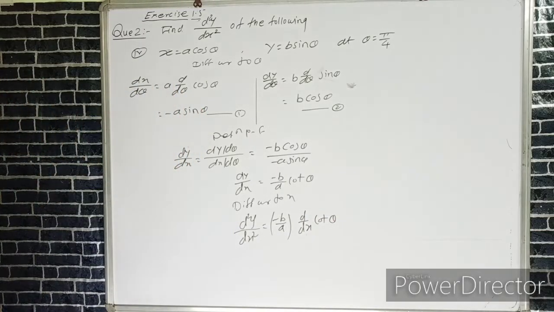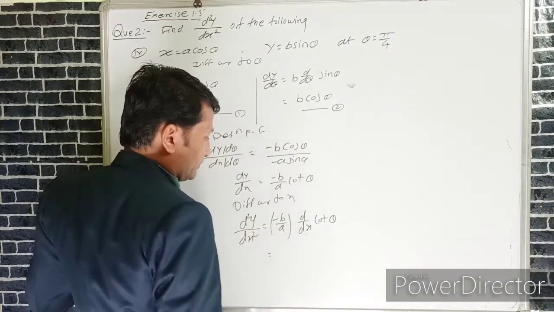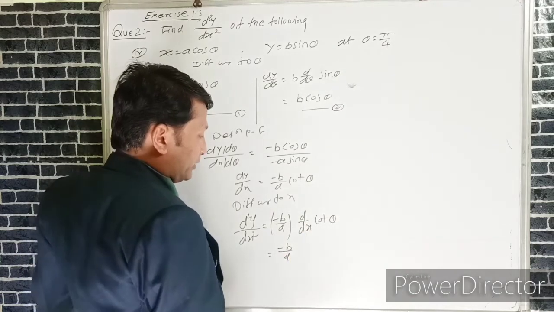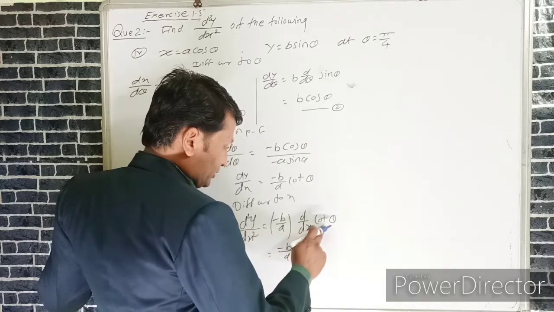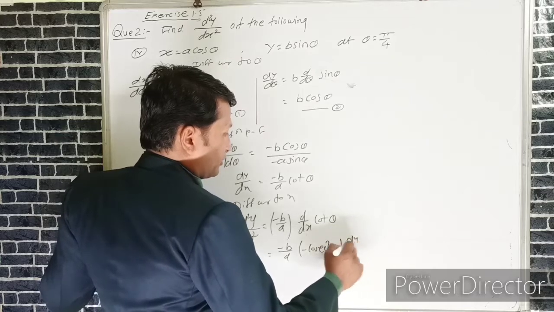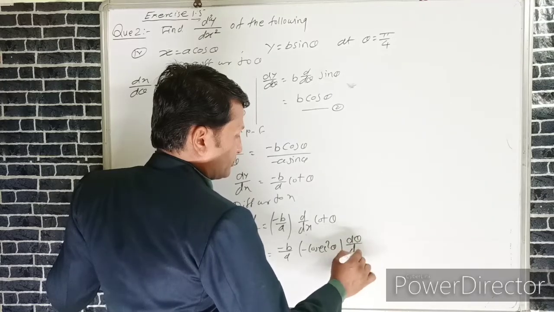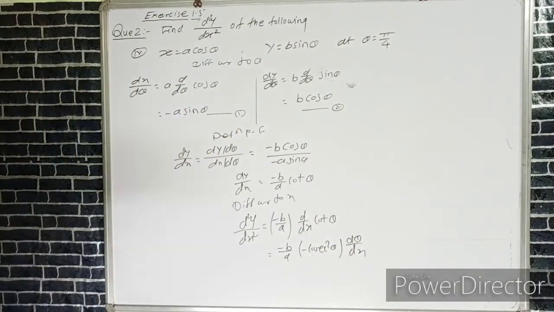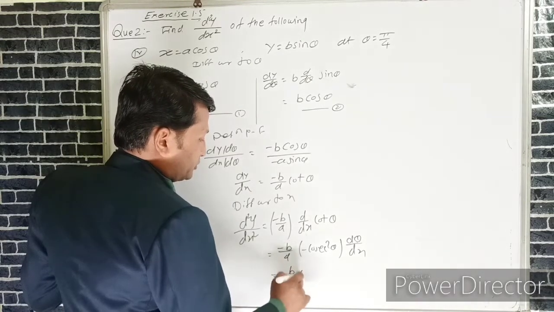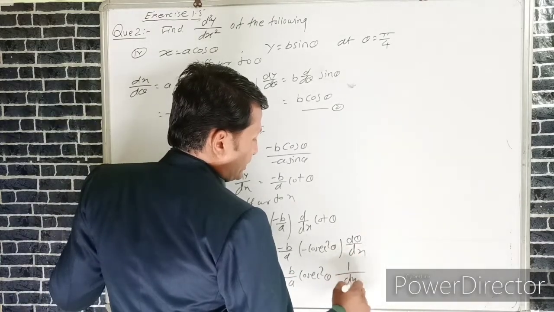So here, minus b upon a into the derivative of cot theta, which is minus cosec square theta, into d theta upon dx, since theta is the variable with respect to which we differentiate. We can write minus b upon a into minus cosec square theta, and d theta upon dx is 1 upon dx upon d theta.